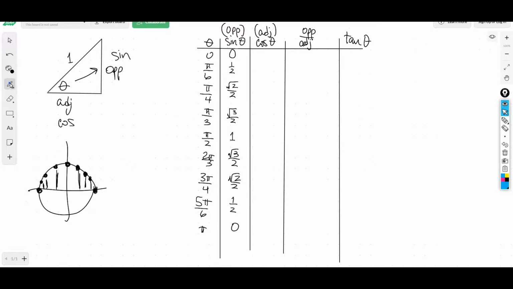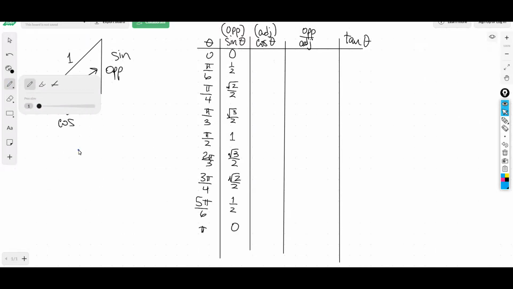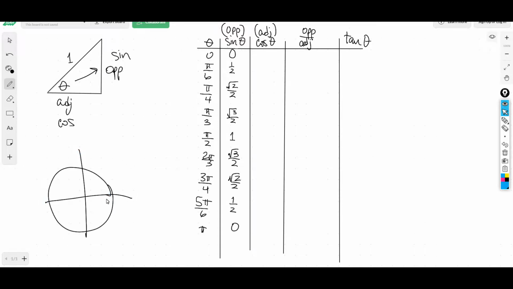So let me erase this so that I can do the cosine lengths again. Got my circle. We're starting off at 0, and this time we're talking about our horizontal. That's 1, then pi over 6, pi over 4, pi over 3, pi over 2.